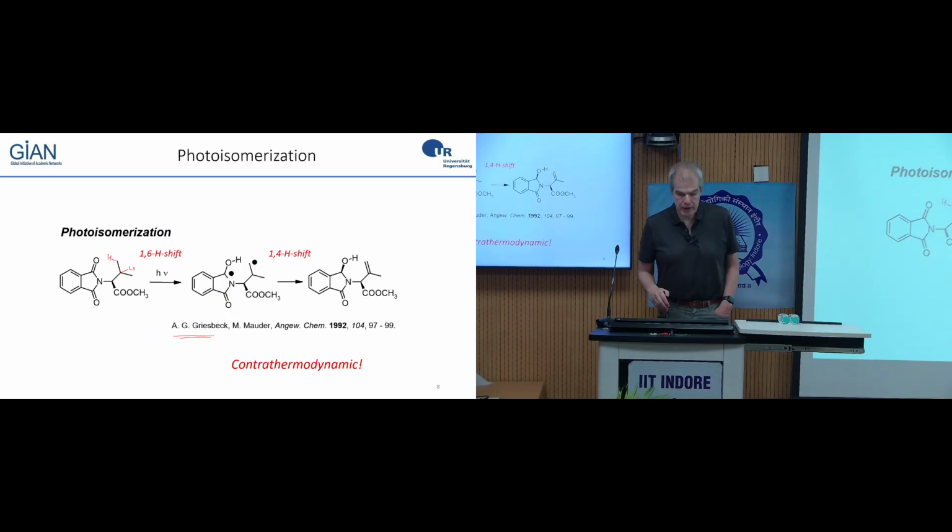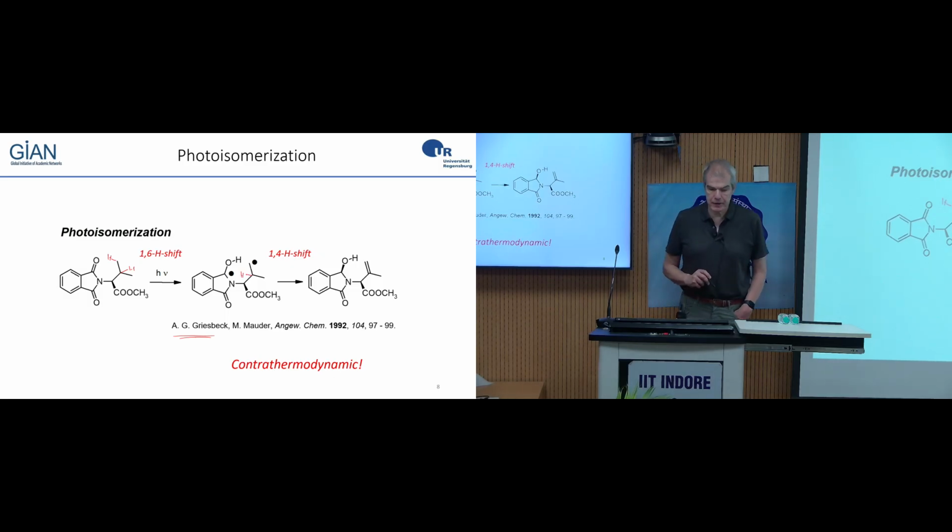So how would it have been here? It could probably also have done the radical-radical coupling to give a 5-membered ring here. I'm not sure why this didn't happen, whether that was a problem for steric reasons. And instead, it does a 1,4 hydrogen shift.